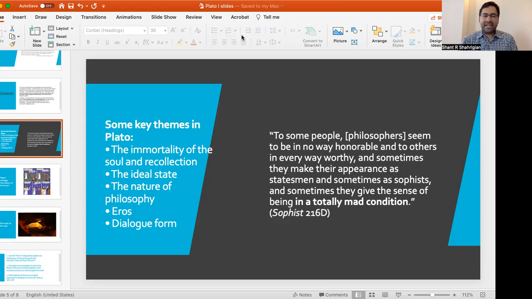One recurring theme is immortality and recollection. One thing that can be off-putting or difficult to compute when reading Plato for the first time is discussion of the soul.